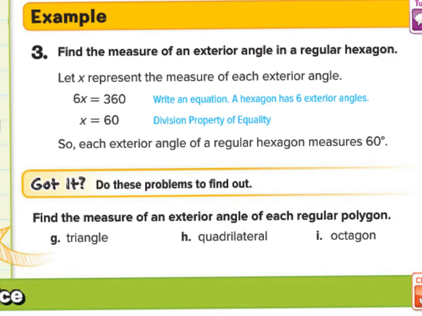And we also know that the sum of all angles around the outside equals 360. So we simply do all 6 sides times x, a value that we do not know because we don't know the angles, is going to equal 360. When we divide both sides by 6 to isolate the x, we get 60. So each exterior angle of a regular hexagon measures 60 degrees.